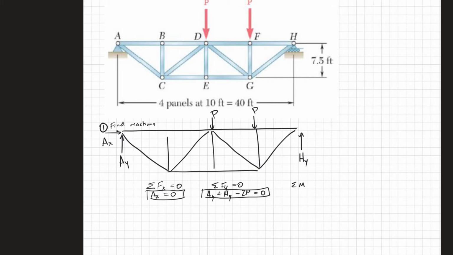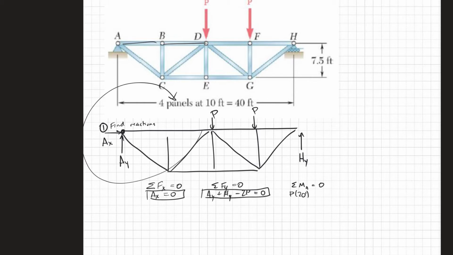So we'll do the sum of the moments, and the easiest place to do the moments is at A, because that's going to get rid of AX and AY, because they both go right through there, okay? So sum of moments about A equals 0, and so I've got P times, it looks like, 20 feet, and that's going to cause things to spin in this direction.